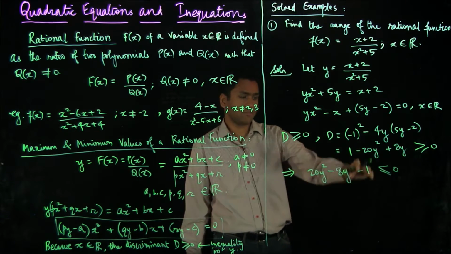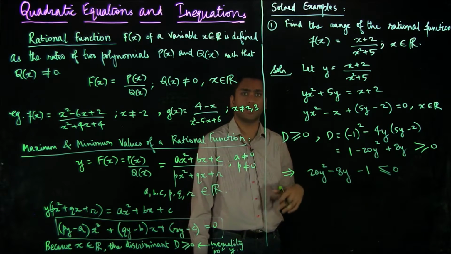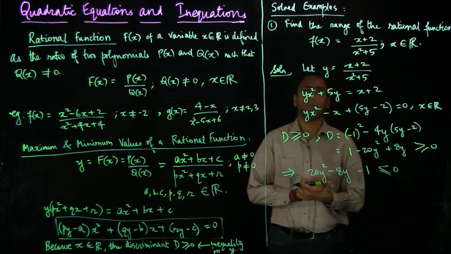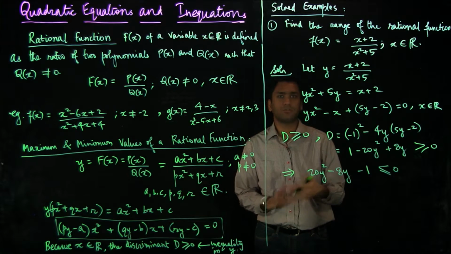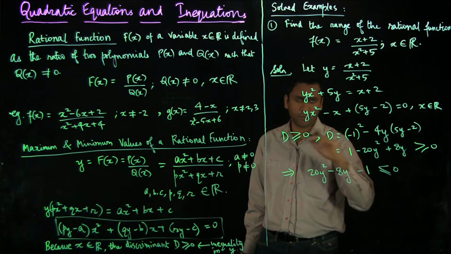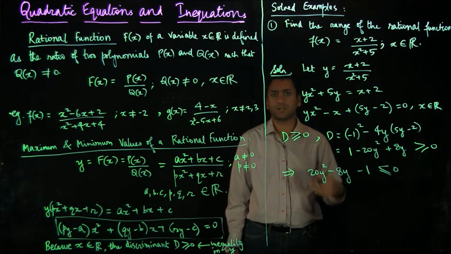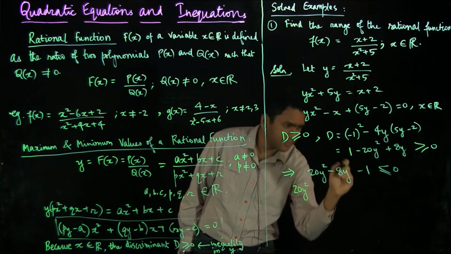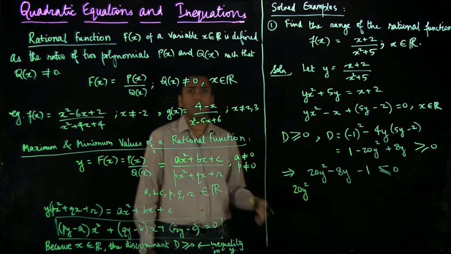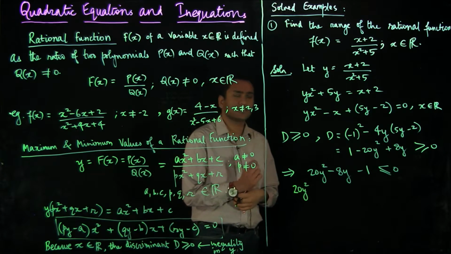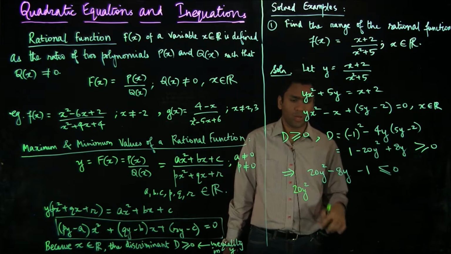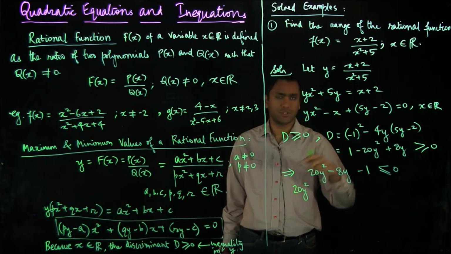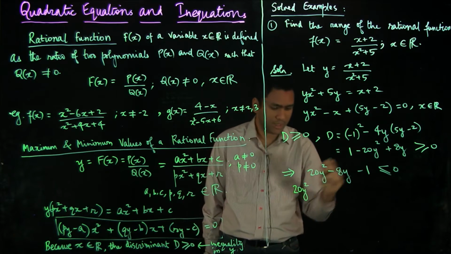And for this quadratic equation, you can either get the roots by using the quadratic formula, minus b plus minus square root of D over 2a, or in this particular case you can also use factorization, as I'll be doing here. So you can write minus 8y as the sum of minus 10y and 2y, because the product of minus 10 and 2 is minus 20, which is the product of 20 and minus 1.